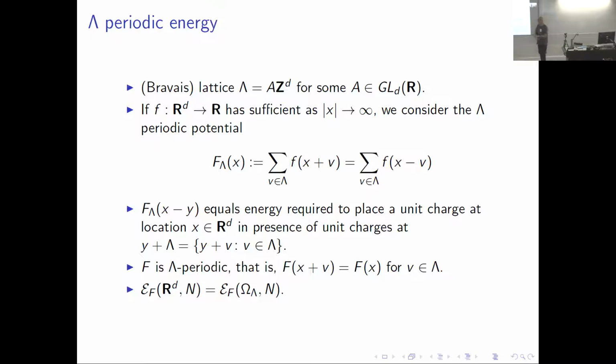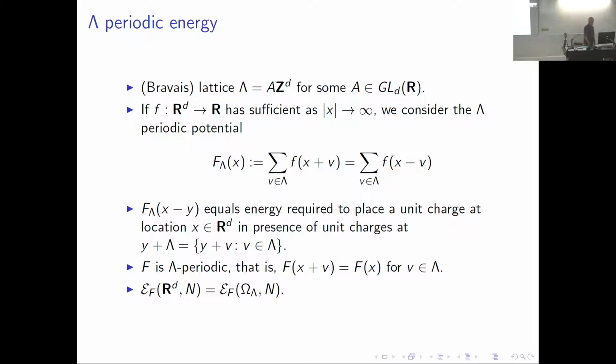As long as you have sufficient decay, and if your initial pair interaction is given by small f, and then you sum over x plus all of its lambda translates, then that's what we'll call the periodic potential.